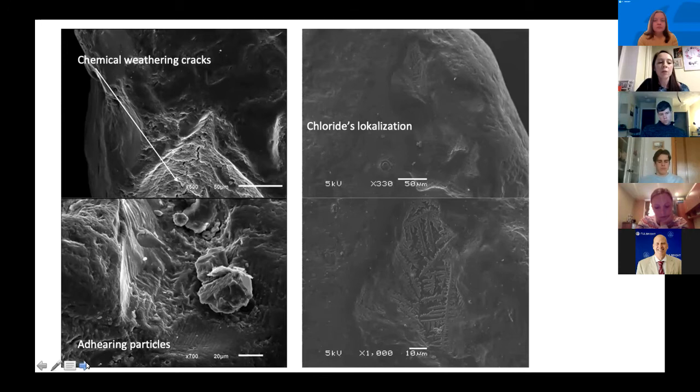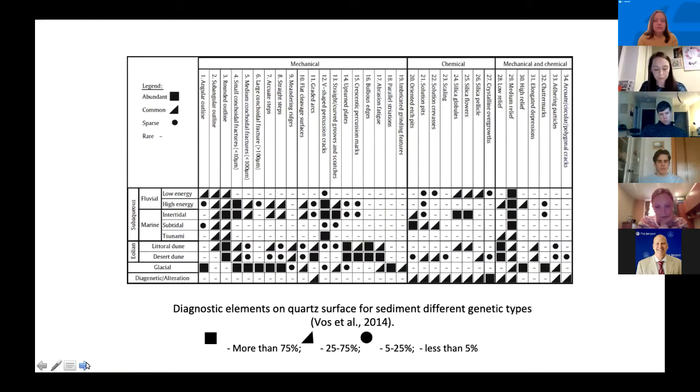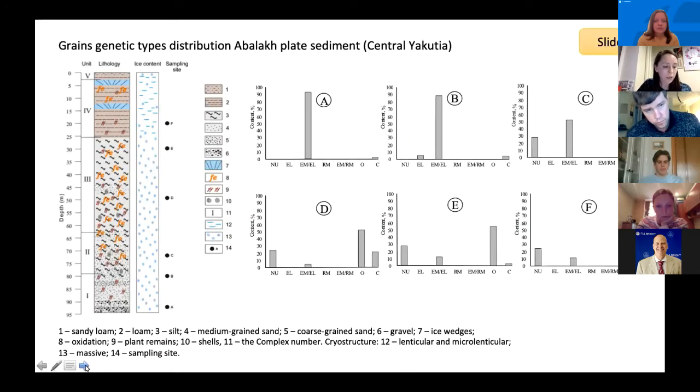Using this method, as you can see in this table, for each environment we have a complex of elements which are characteristic only of this environment. And using this method, we analyzed some profiles in Yakutia.